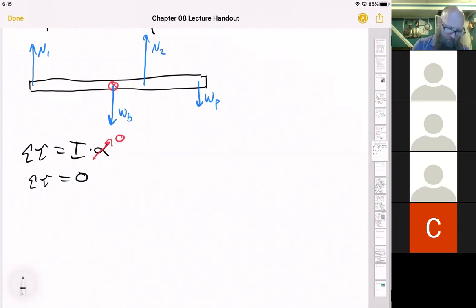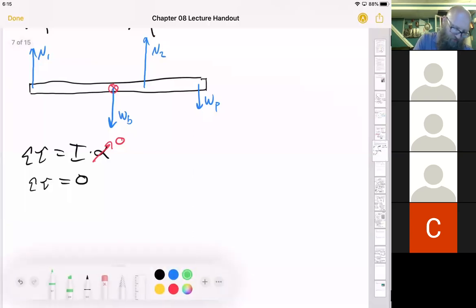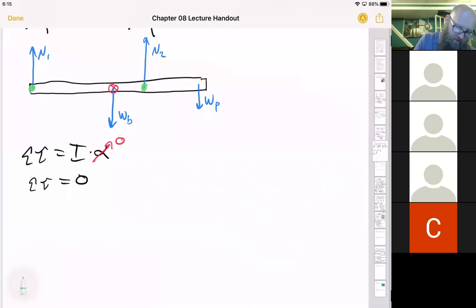So what's going to be useful here is if I choose one of the locations where one of these forces is located. We saw this yesterday, that when I put the axis of rotation at a force, the torque due to that force is 0, right? So I'm going to pick the left hand. So I say at the left side here, the sum of the torques equals 0.